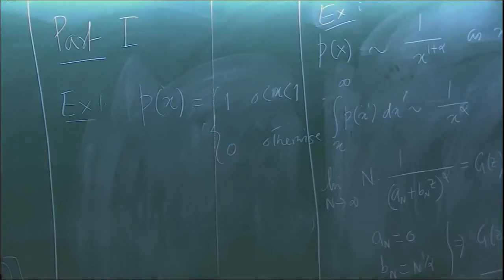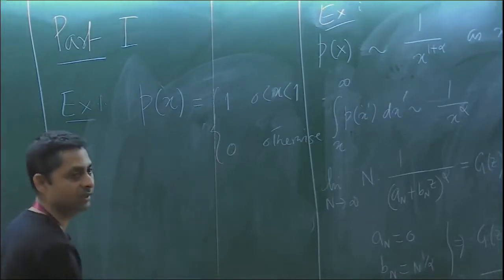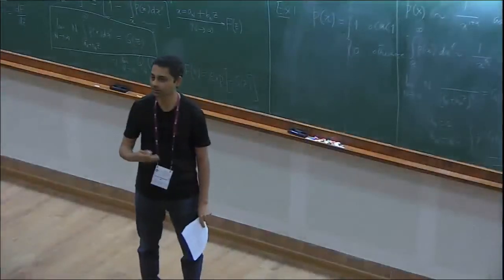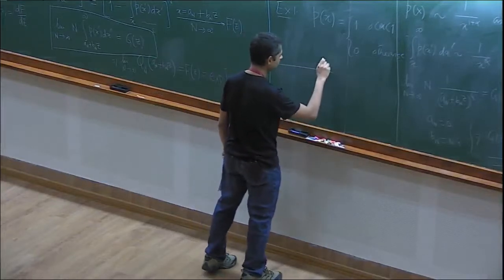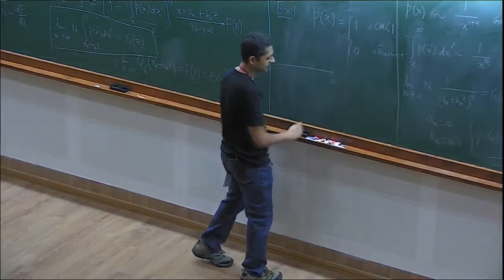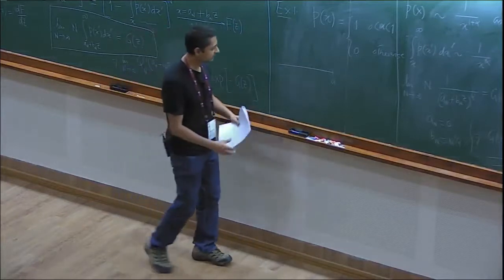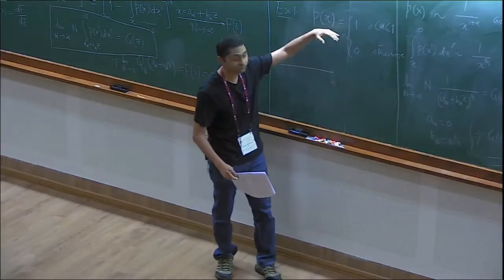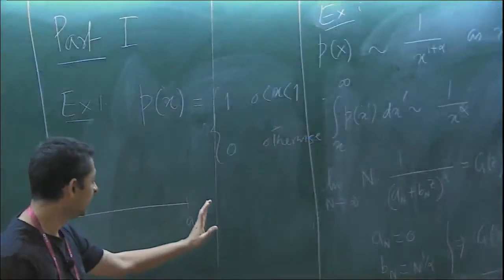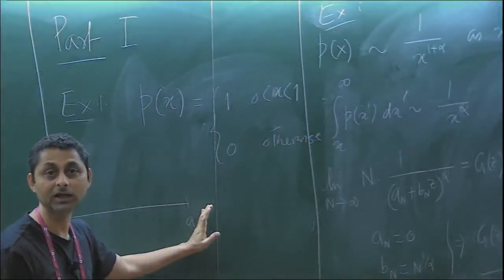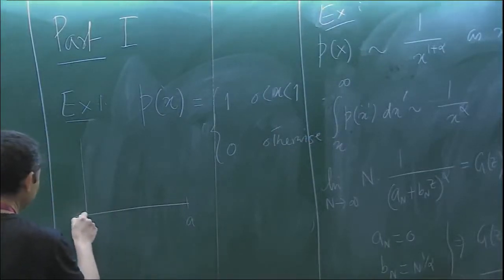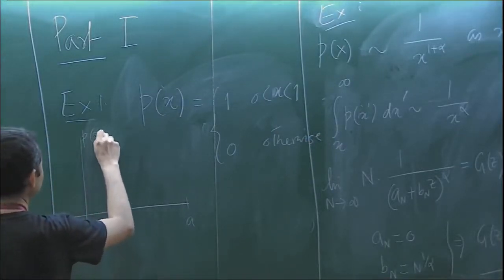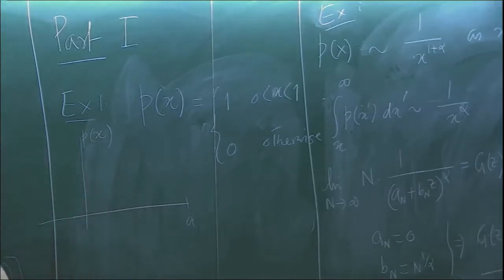So this one we have already computed yesterday, you remember the answer, but instead of that, just take a general case. Suppose the support of this probability density function is bounded by something, let's call it A, okay? So this is your P of x, and it doesn't matter what happens on the tail on this side anyway, right?